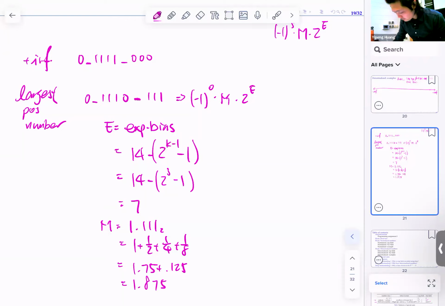Right, so now we have all the information we need to decode what this number is. This is 1.875, positive because of the sign, times 2 to the 7th. And we could evaluate what that is by hand if you wish, but that's what that number is going to be.